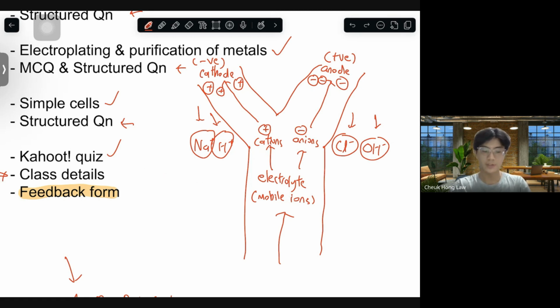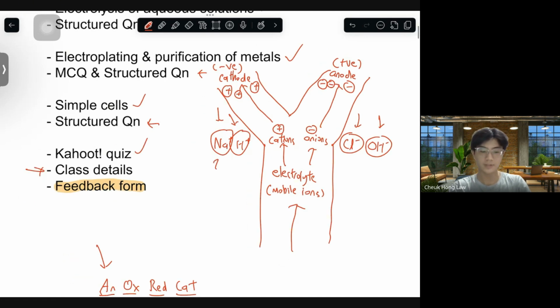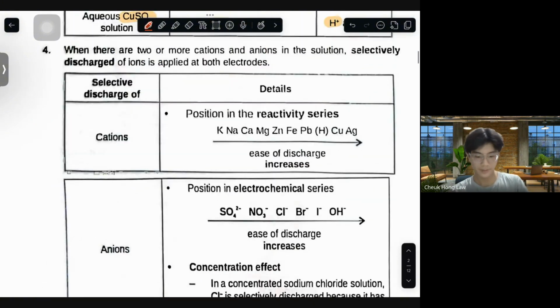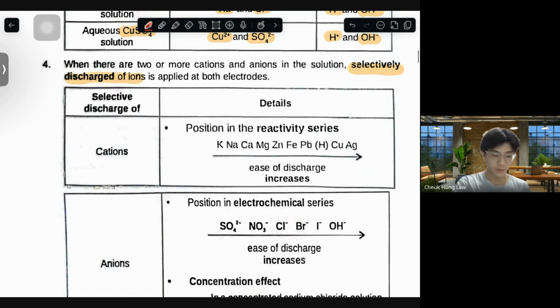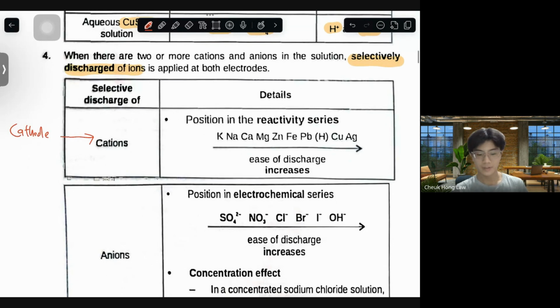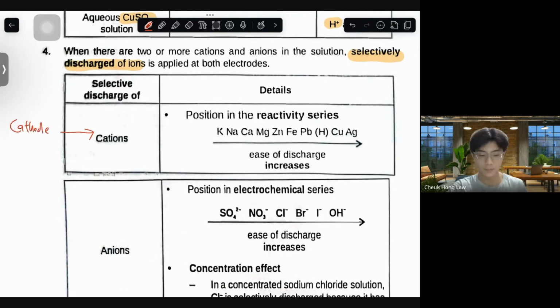So how to choose who is the winner? How to choose whether it's sodium or hydrogen? How to choose whether it's chloride or hydroxide? Now we will learn that. This is called selective discharge of ions. We start with the cathode. At the cathode, you have cations, correct? So how to choose is the lower position in the reactivity series. If you are Sec 4 by now, you should already have learned the reactivity series, so I won't go into too much detail.